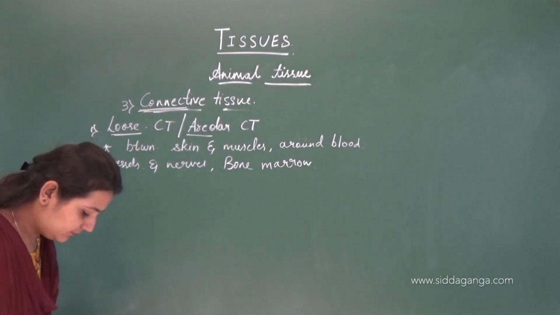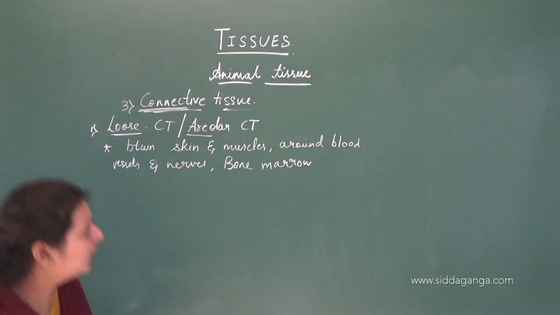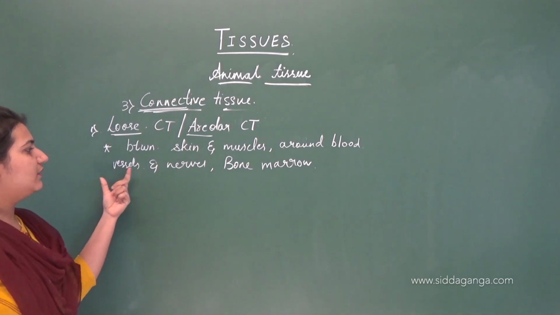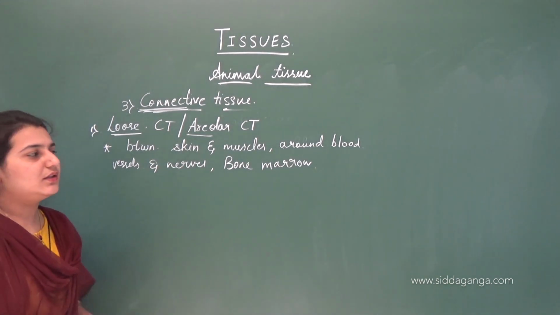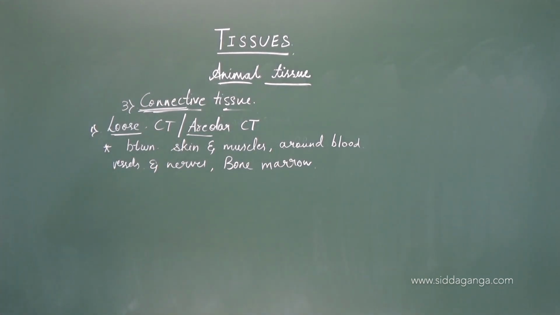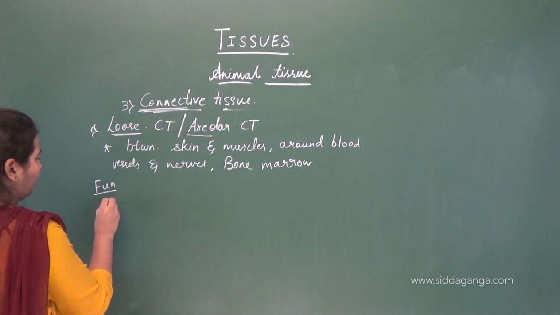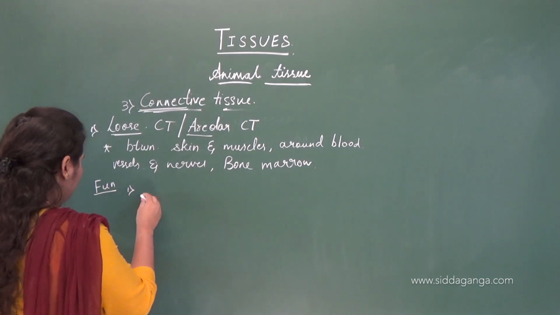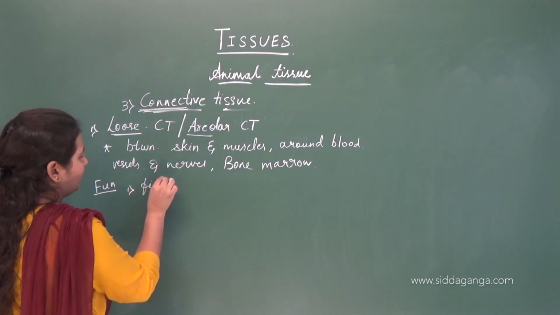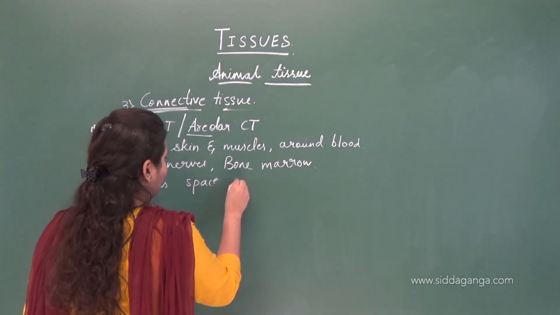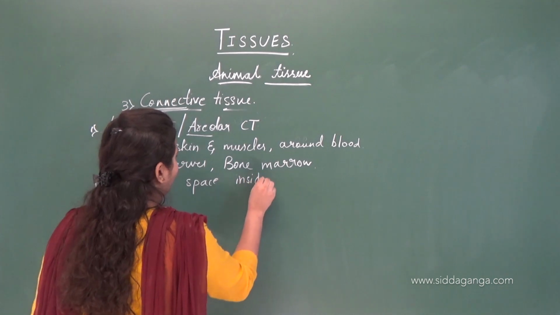This is present either between the skin and muscles, around the blood vessels and nerves, and also in the bone marrow. So this is where it occurs, and the major function is, it fills the space inside the organ.